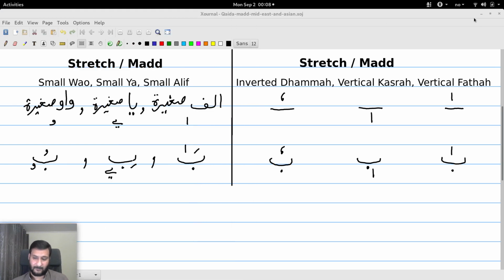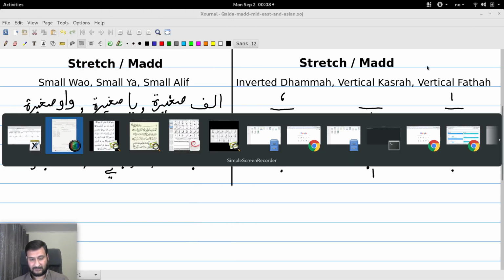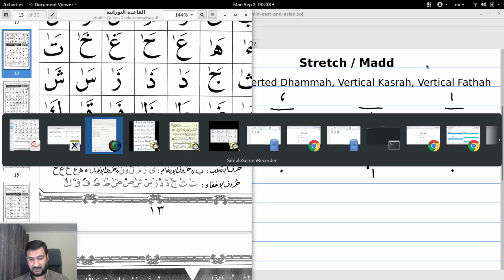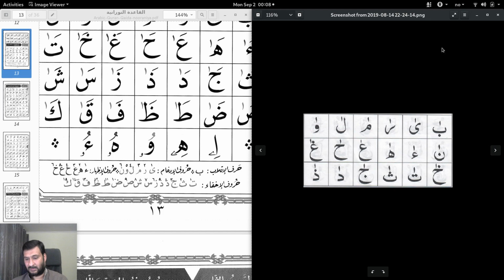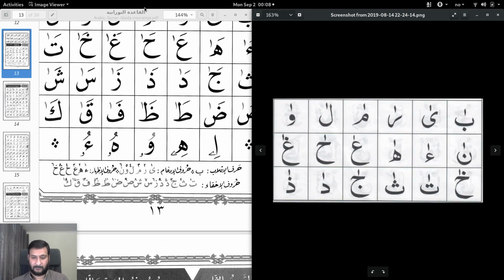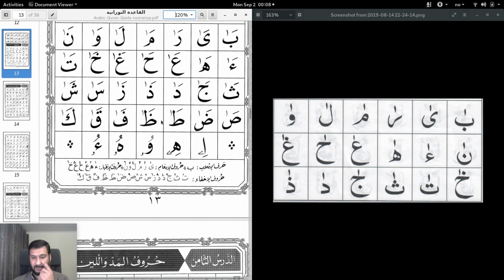So I have a lesson from two different qaidas here. As you can see on the left, this is the qaida nuraniya, and this is the qaida used by the ustad, the teacher named Imam Raza on the internet, and he's a big inspiration for me.